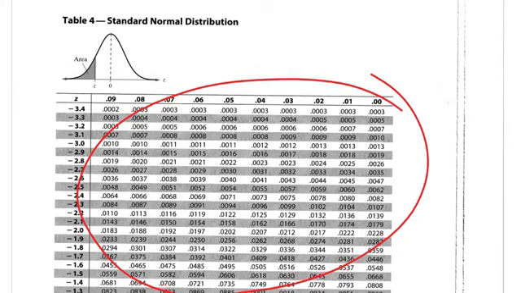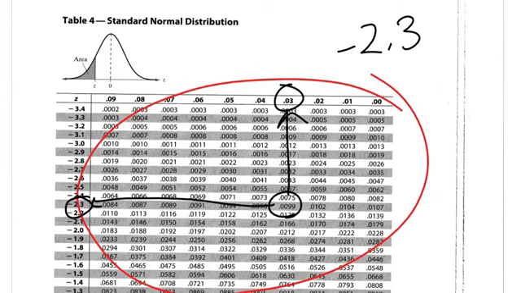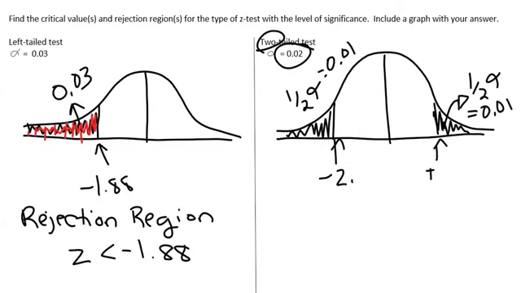The thing that's closest to 0.01 is 0.0099. That is as close as I'm going to get to 0.01. So the corresponding z value is negative 2.33. One will be negative and one will be positive.